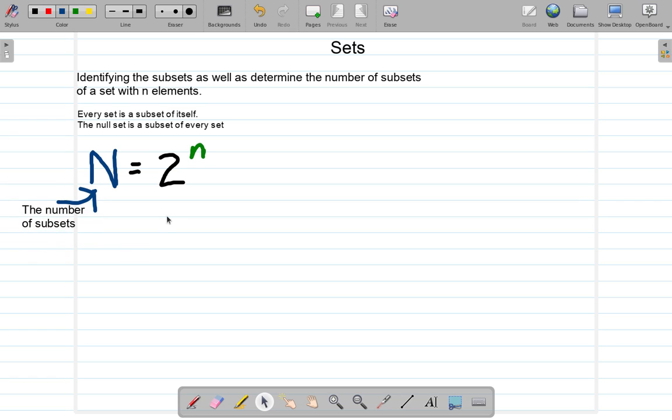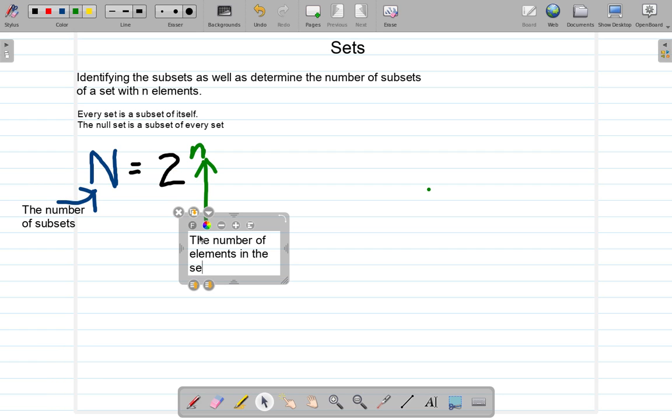And this n up here is the number of elements in the set. Good. Now, let's look at a few examples.